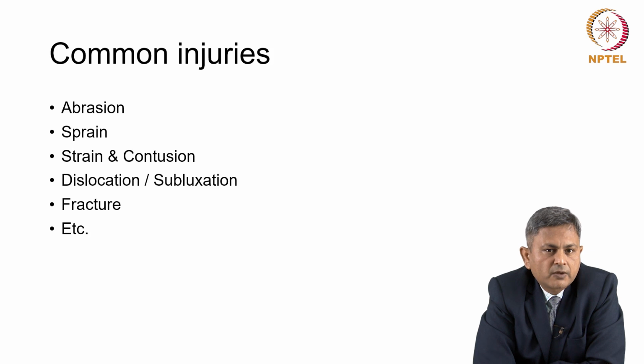When external force is applied, the humerus comes out of the glenoid cavity, and if it comes out anteriorly, the joint movement gets restricted, so you say the joint got dislocated.